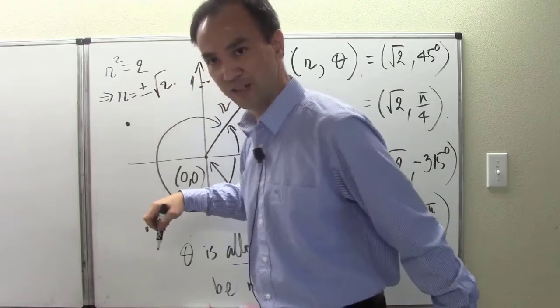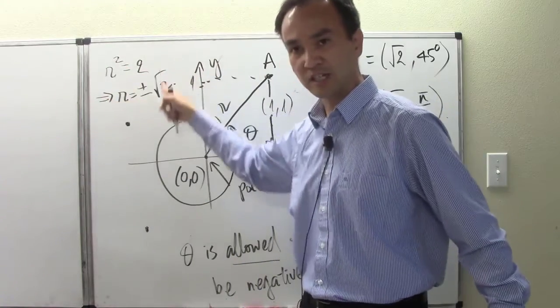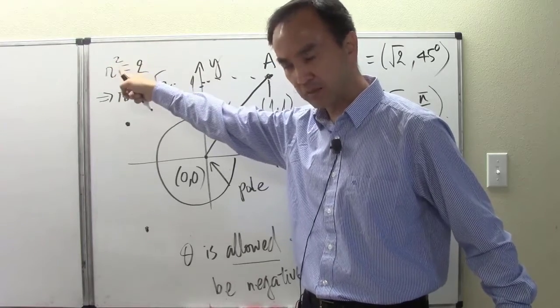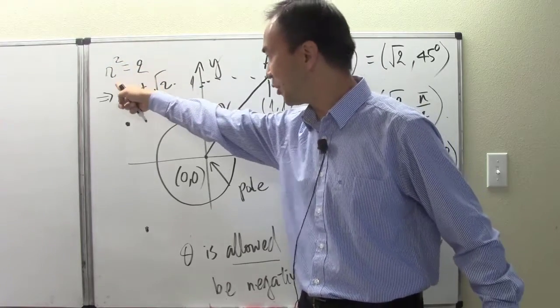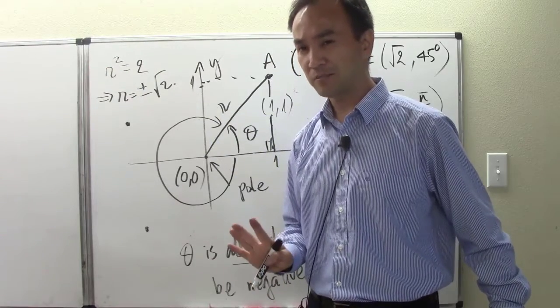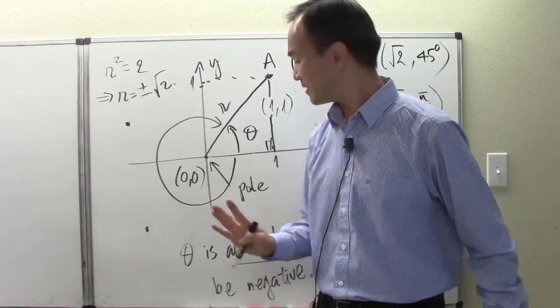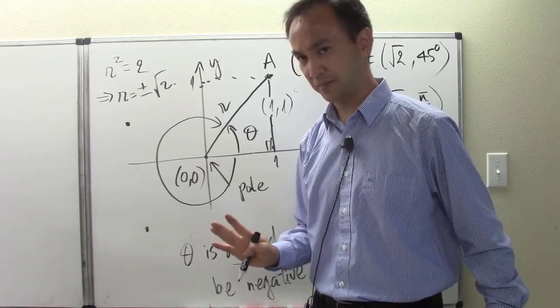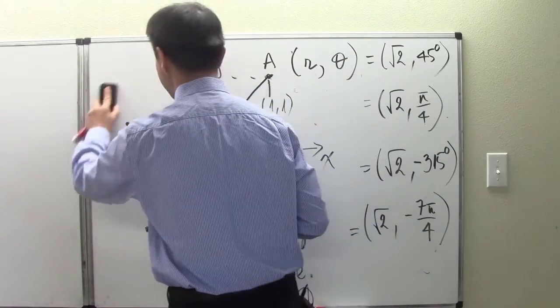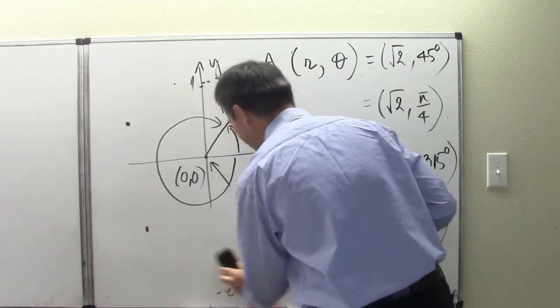That's the algebraic understanding. I chose square root 2 because my explanation back then was that r was a distance. But now I'm talking about the way to represent a point. Here's the shocking news I'm about to announce.